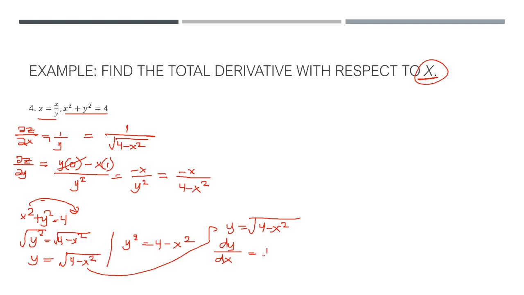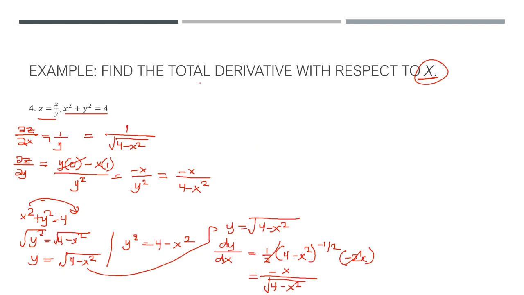So this would become 1/2 of 4 minus x squared raised to negative 1/2 times negative 2x. Canceling 1/2 and 2. So our dy over dx is negative x over square root of 4 minus x squared. Okay, so that is our dy over dx.